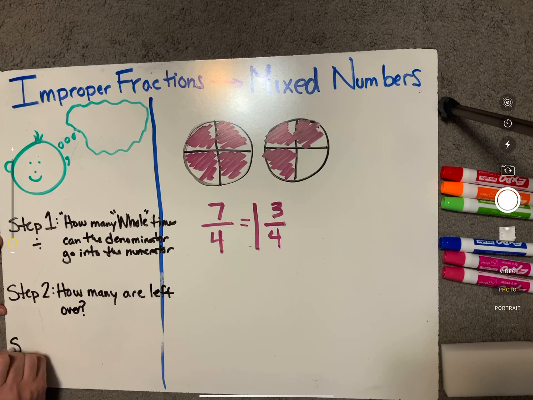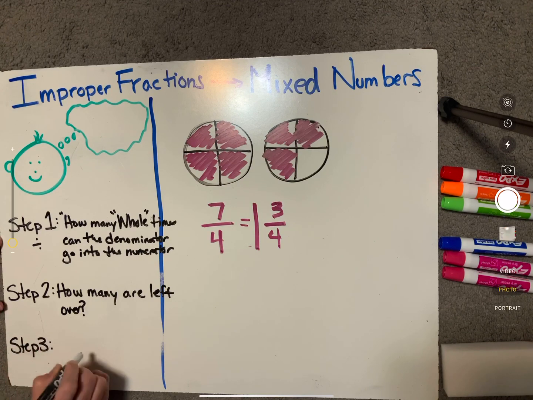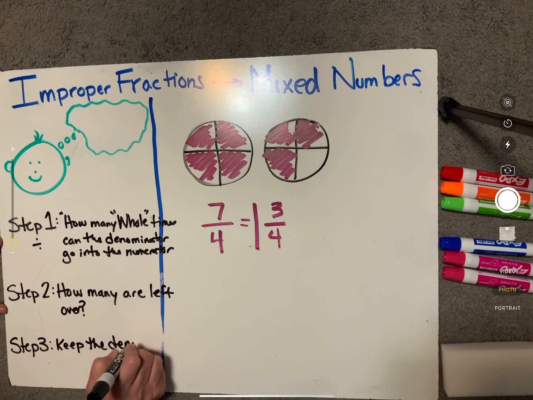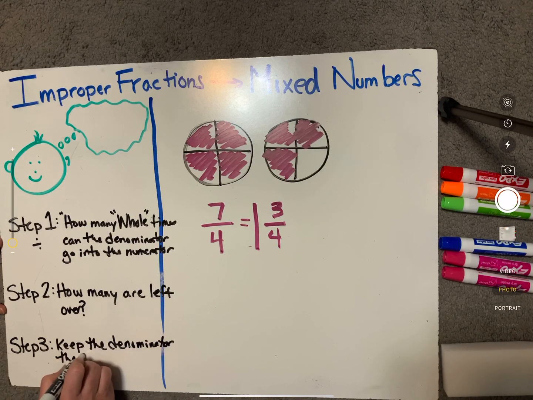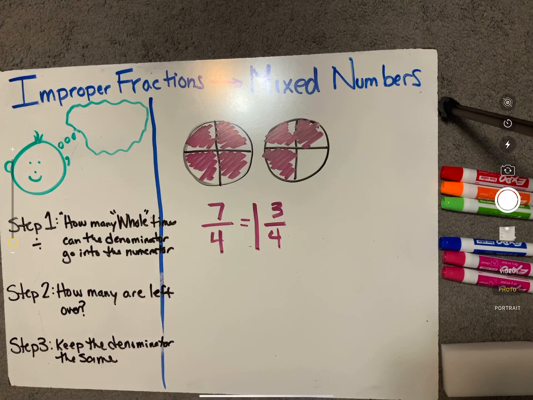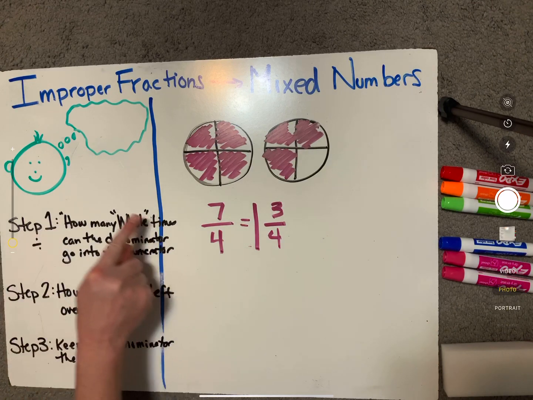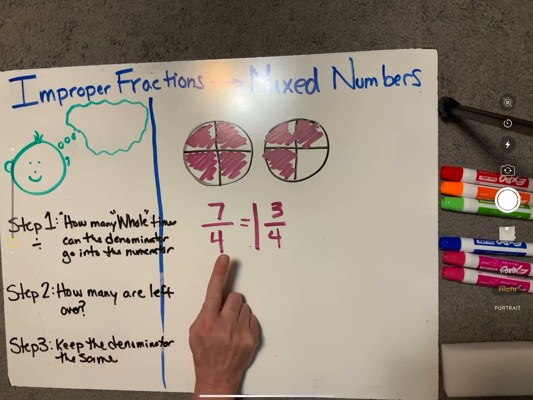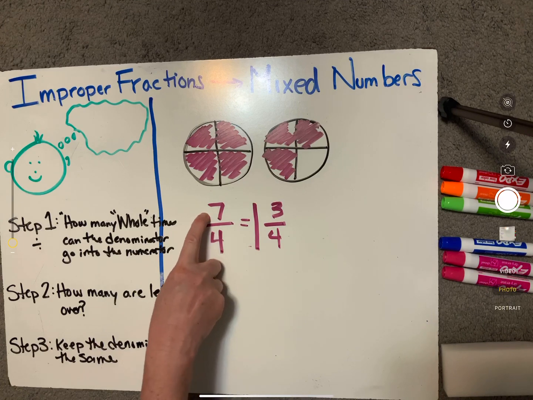And then step 3, you're going to keep the denominator the same. Okay, so as we go through this, we're going to look at this problem and go through these steps just to show you how and why this works. So if we think about step number 1, how many times will 4 go into 7?